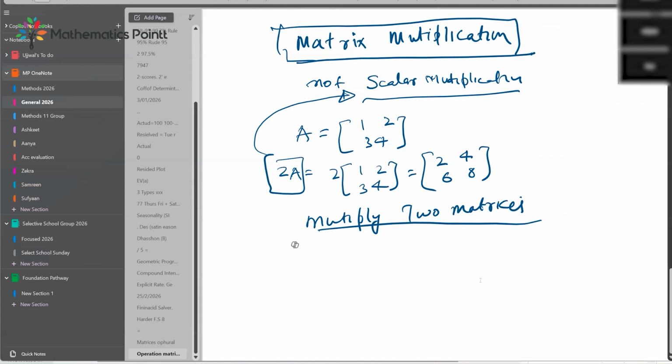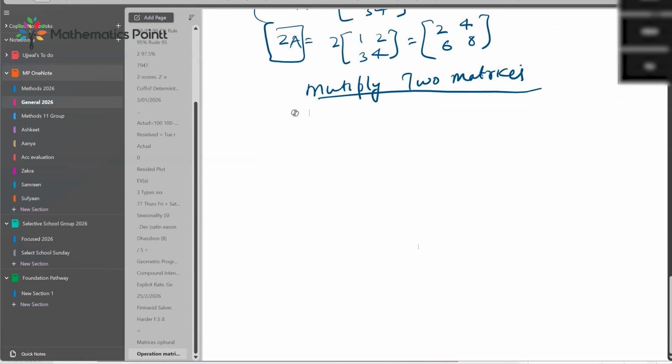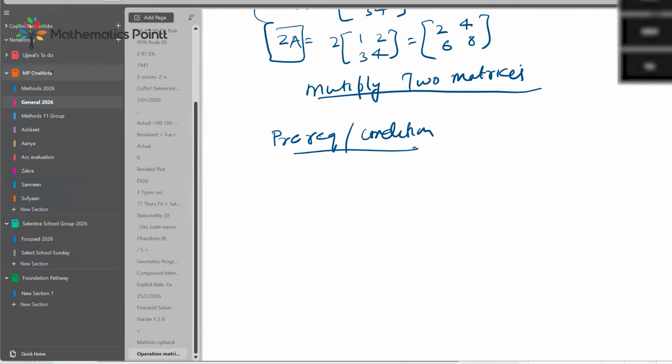Before we multiply two matrices, let's understand the rule, or prerequisite, or condition, that the two matrices have to meet in order to multiply together.